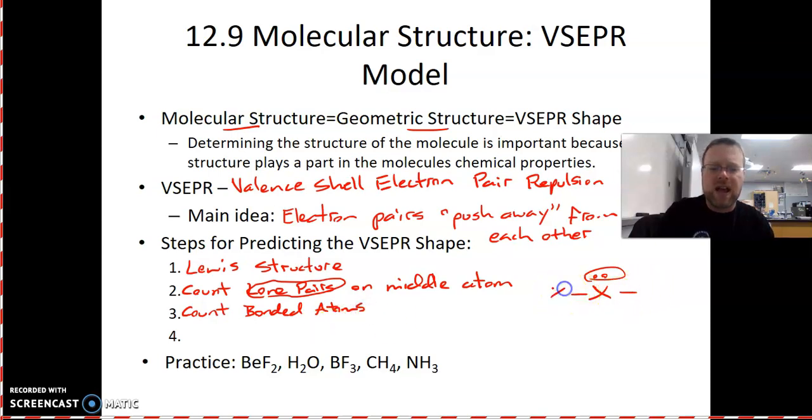Okay, so suppose I had a molecule that looks something like this, where the middle atom is double bonded to one, single bonded to another, and I've got a lone pair in the middle here. The count here would be one lone pair, because I only had one lone pair. And if there are lone pairs out here on these other atoms, those lone pairs don't matter.